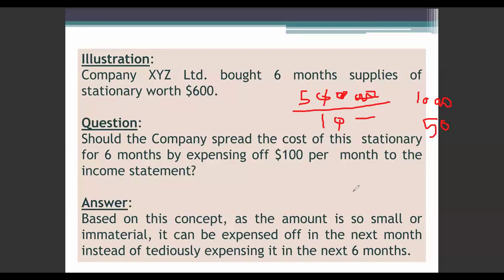Now, what is the proof here that it is for 6 months? Because on the purchase invoice, it is never mentioned that I'm going to use it for 1 day, 1 month or 1 year. So in this regard, the evidence will be the resolution or the purchase quotations which I have.